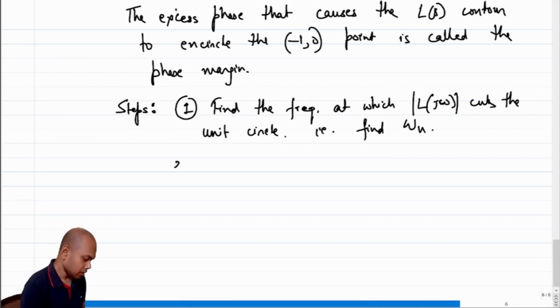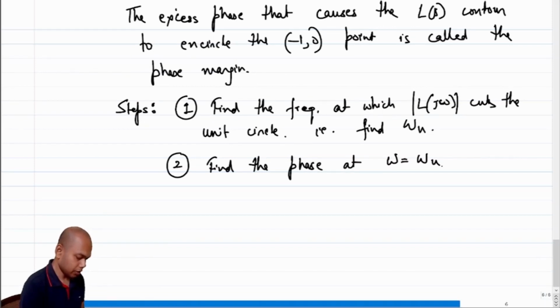Okay. Step 2 is find the phase at omega equal to omega u.